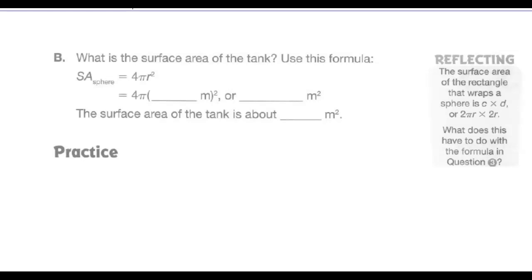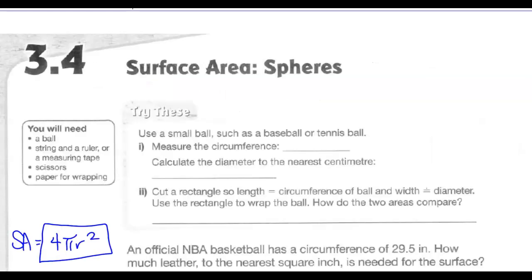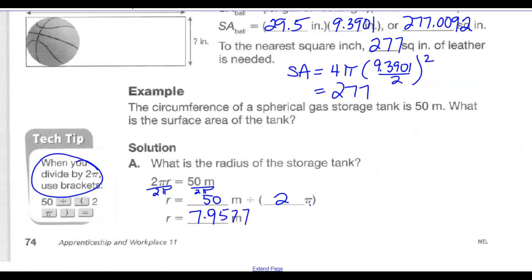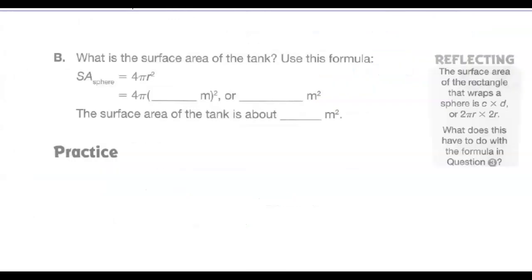And then the surface area. Now they're using the more traditional formula, 4 pi r squared. So now it's 4 pi times that answer that we just got, which was 7.9577.